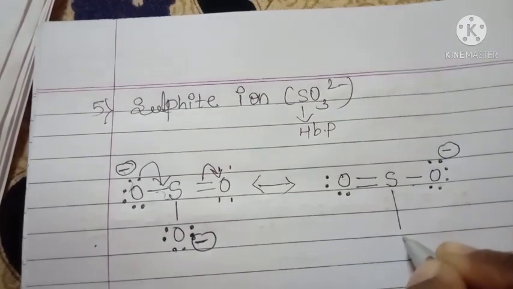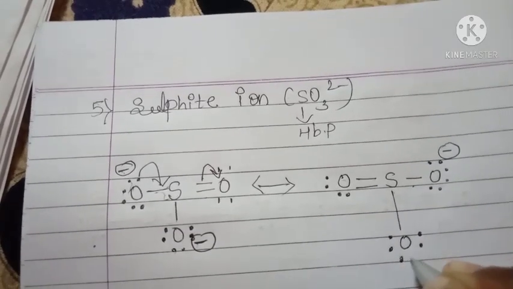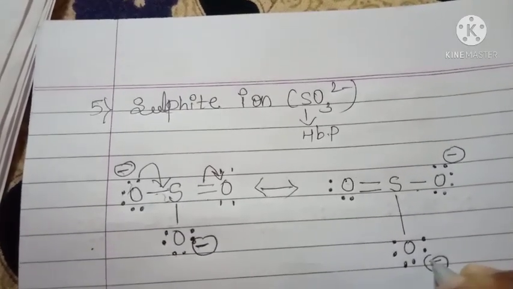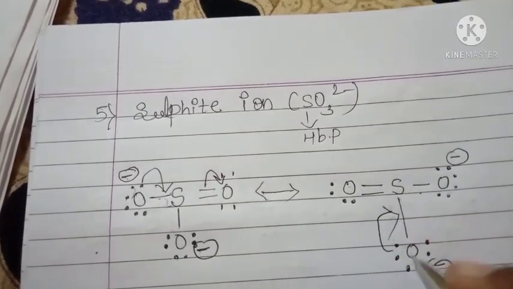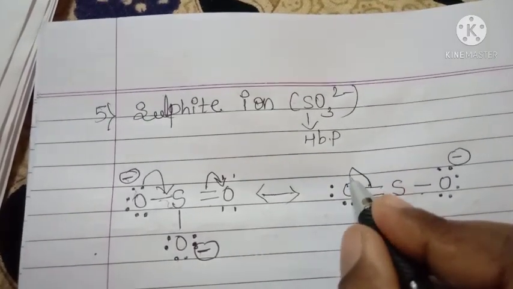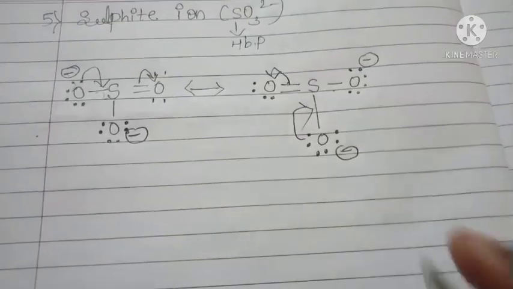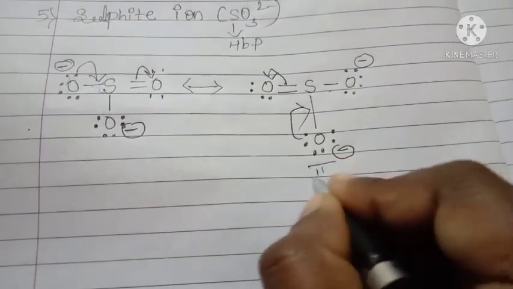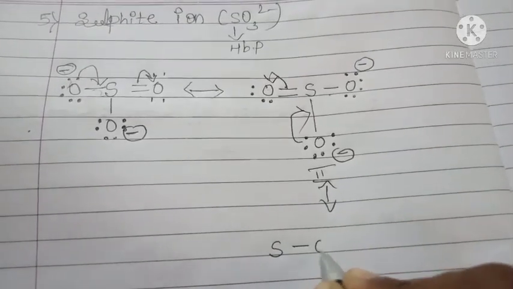This oxygen also carries 3 lone pairs and a negative charge. Then this lone pair will be converted to a bond pair and this bond pair converted to a lone pair. So the third possible resonating structure is S single bond.